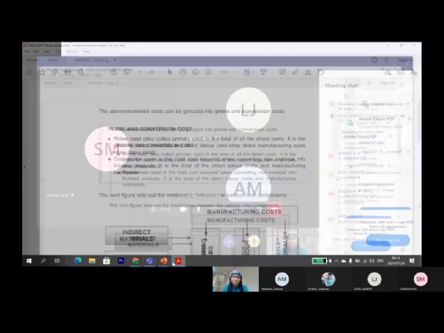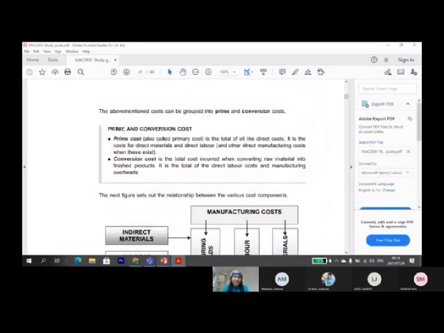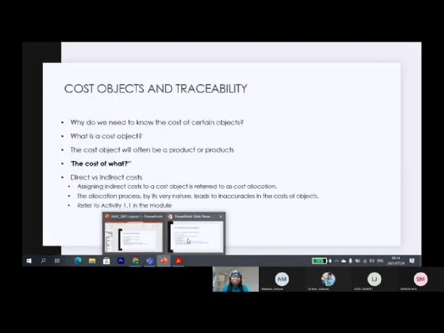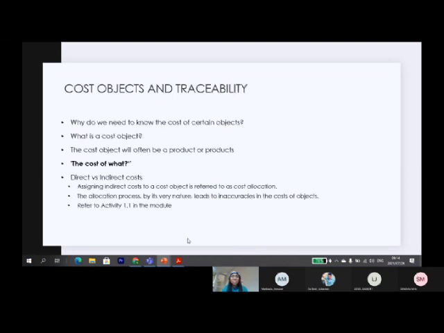Okay, cool. So yes, a cost object can be, like you're saying, something that you can trace to an object or an activity, something that will lead you to having a finished product, right? A direct one is the one that's traceable directly.